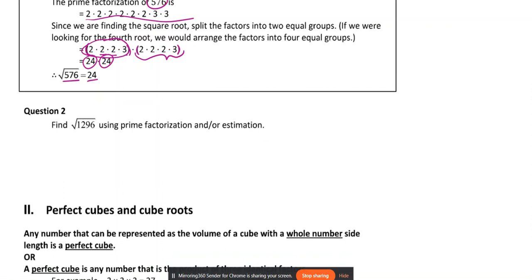Okay, let's try with this one. Let's go 1296. This will be good practice: let's do the prime factorization of 1296. So do our tree thing.